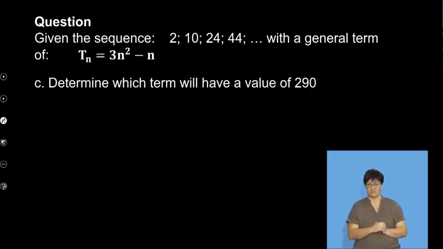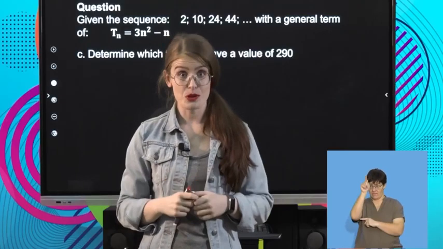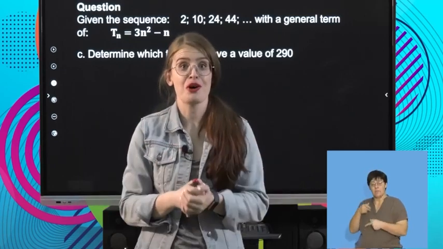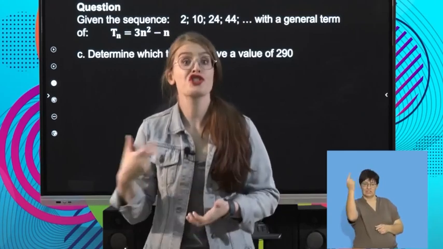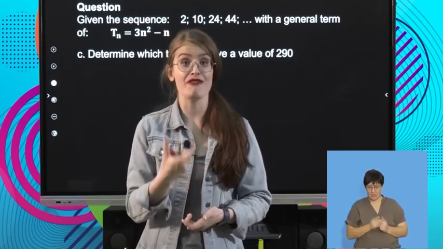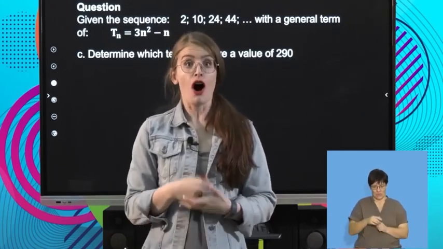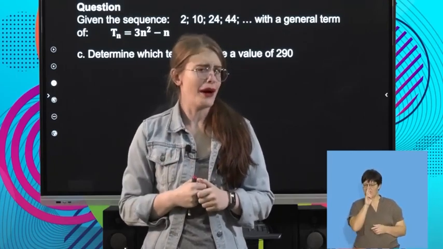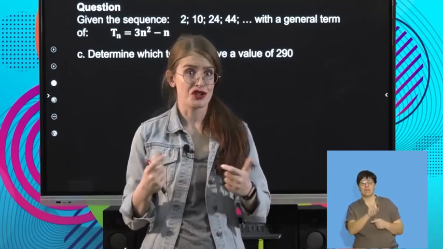So now that we've worked out the value of the 12th term, the next question is actually going to give you a value of a term, and you are going to determine which term actually has a value of this specific number. Okay, so let's see what number we actually have to see the term matches to.